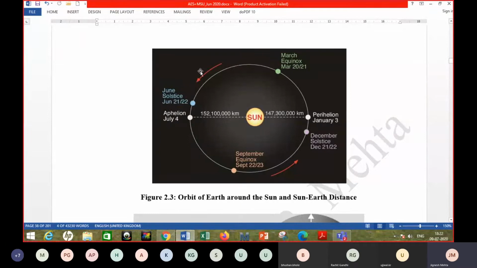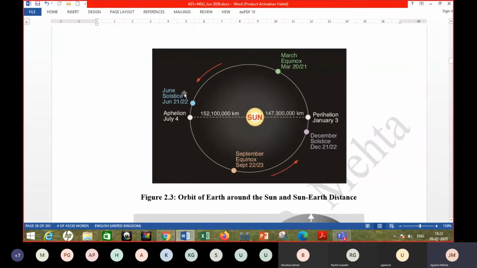Okay. This of course also shows some of the other important days in addition to aphelion and perihelion. Like it shows the June solstice on 21-22 June, where the northern hemisphere is tilted towards the sun. Here both hemispheres get an equal amount of radiation. That is the September equinox.